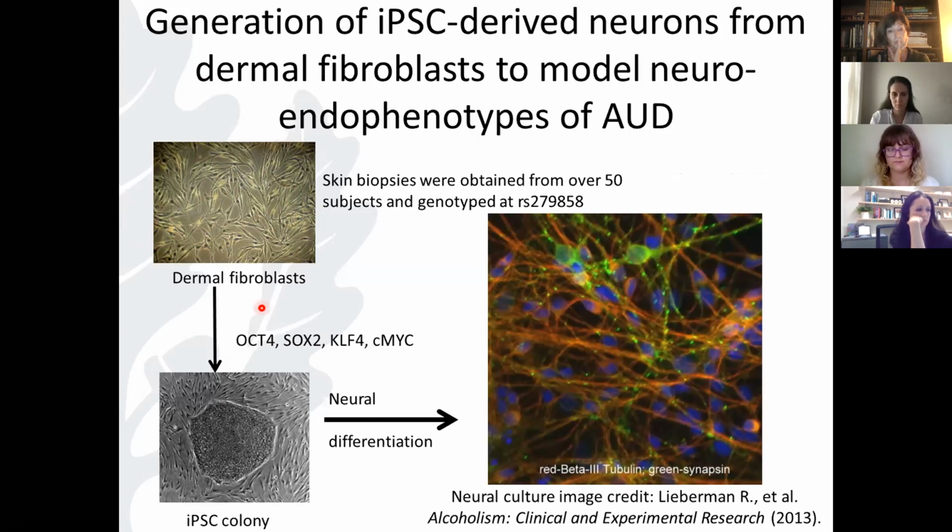These are sent to the stem cell core at UConn and reprogrammed using the Yamanaka factors to produce iPS cells. And over the course of 12 weeks, via an embryoid body differentiation protocol, we generate neural cultures which express neural specific genes and are electrophysiologically similar to neurons that you would isolate from a brain.